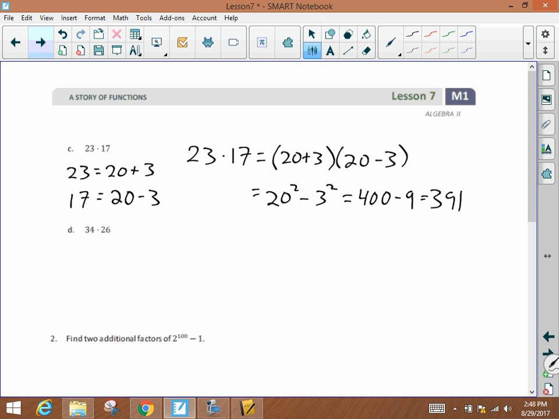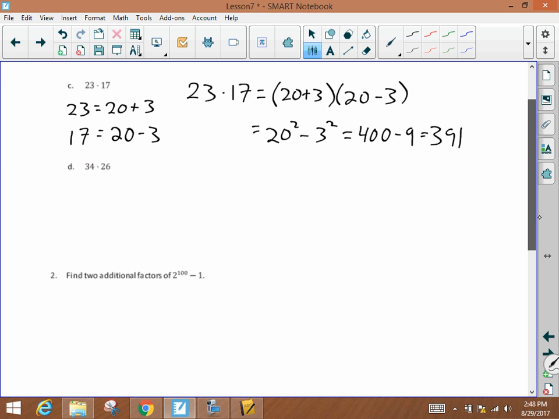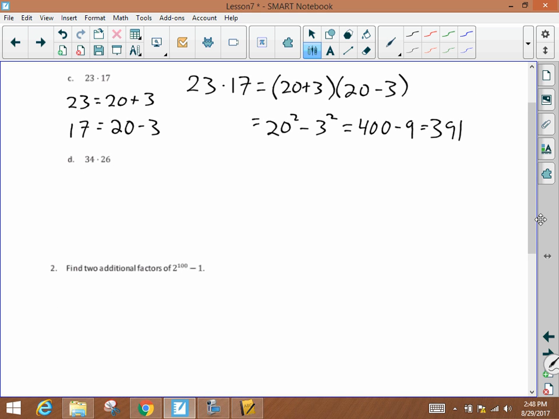Let's do it again. And now you can see, actually, with the larger numbers, this is actually not a bad way to do it, right?